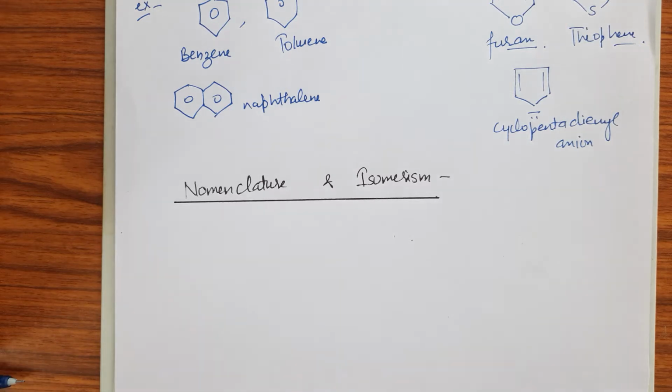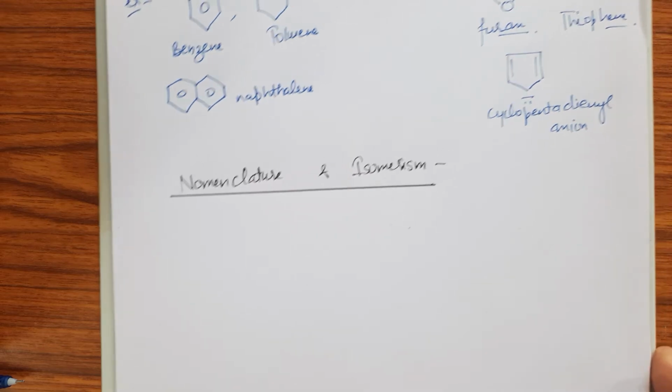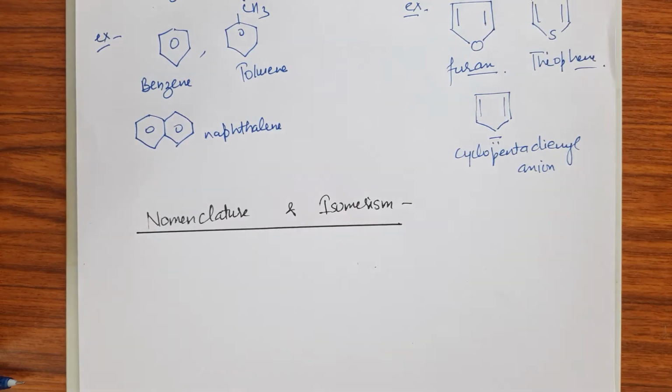So let's start. You have to remember that all 6 hydrogen atoms in benzene are equivalent, right? They all are equivalent. So whenever we do the substitution reaction of benzene, there will be formation of a single substituted product, that means mono substituted product. There will be formation of only one type of mono substituted product.